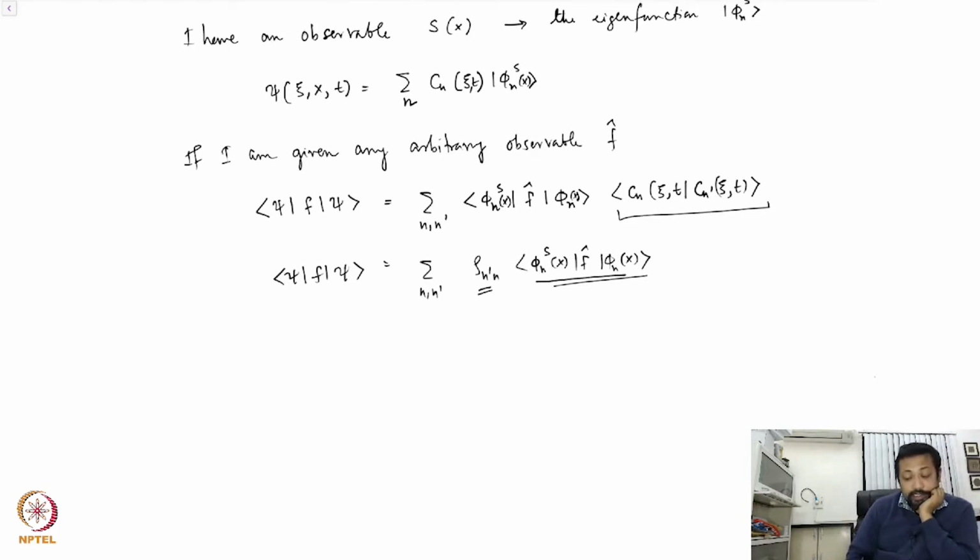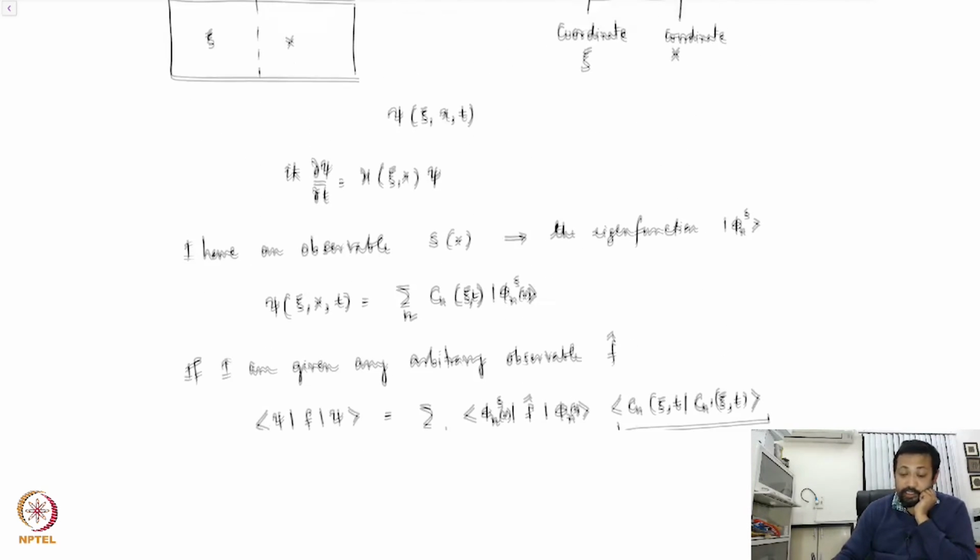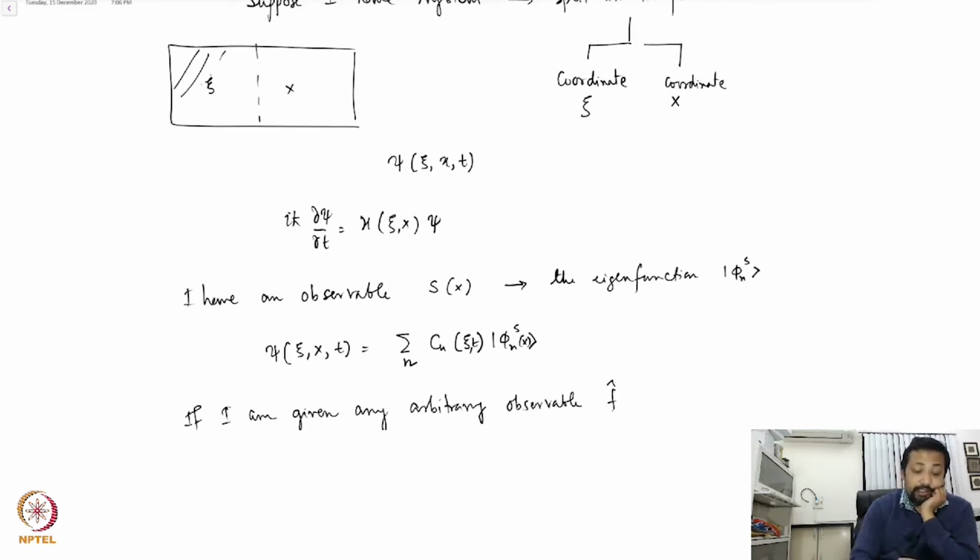Therefore the effect of this density matrix is nothing but the effect of the system with coordinate ψ on the system on which this observable is defined, right? And this system is what is called the bath.